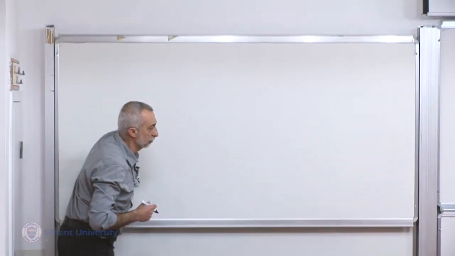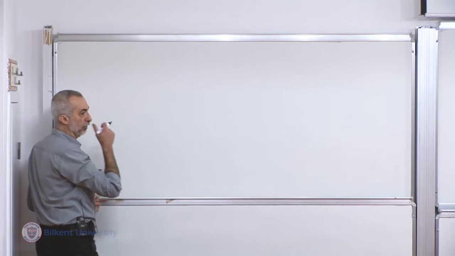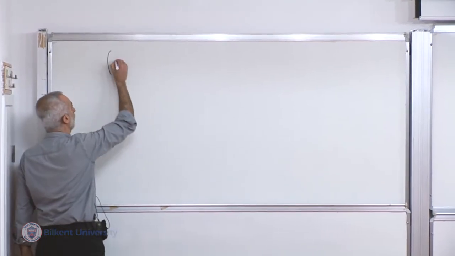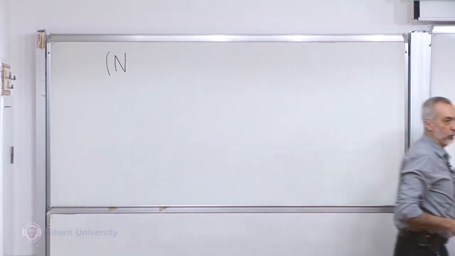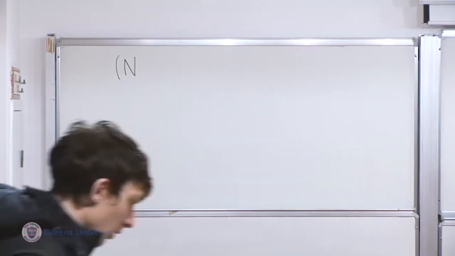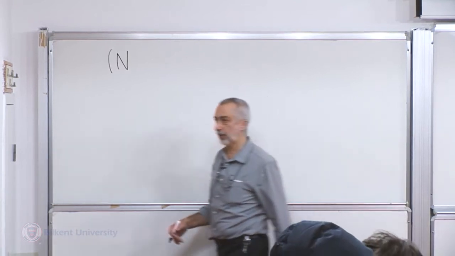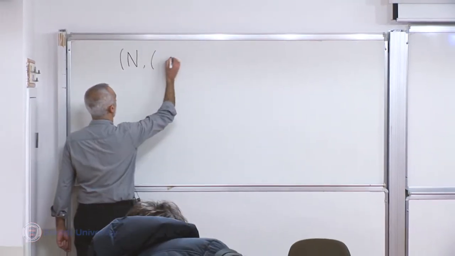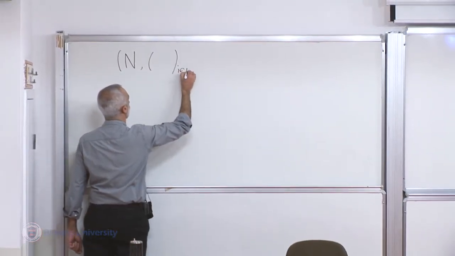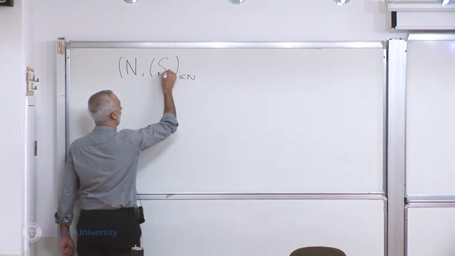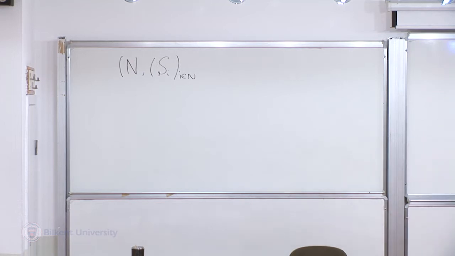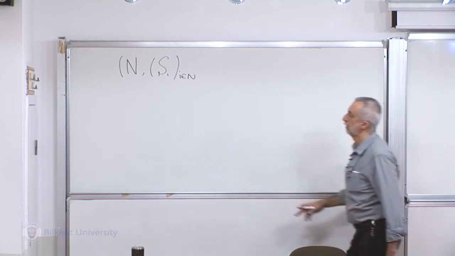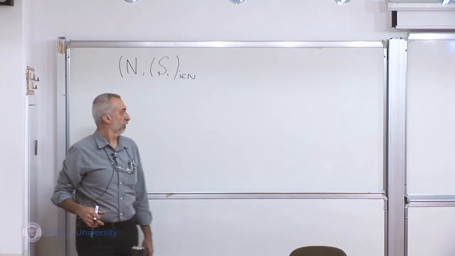We said a strategic form game consists of a four-tuple, quadruple, consisting of a non-empty and finite set N, which denoted the set of agents, the set of players. And for each player, again, a non-empty set, which could be finite or infinite, denoting the set of strategies of agent i.